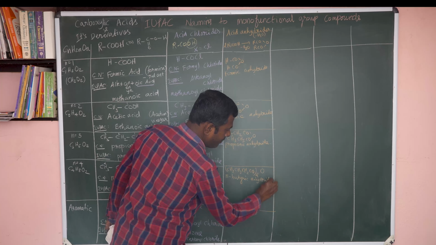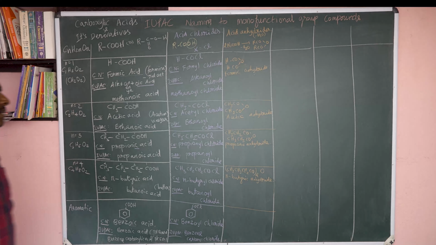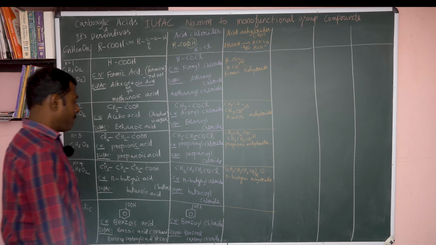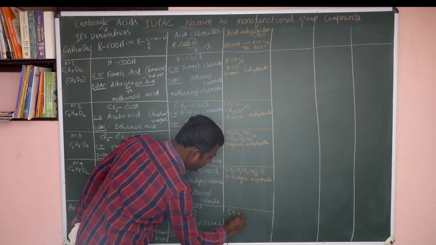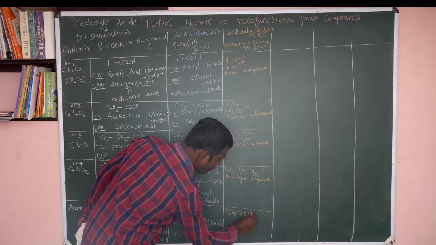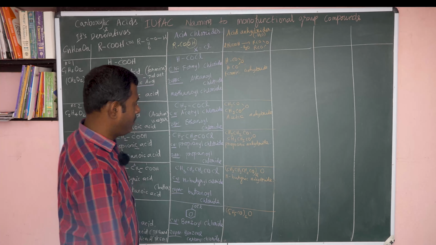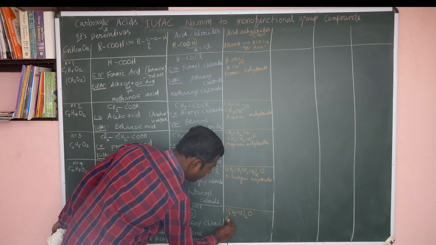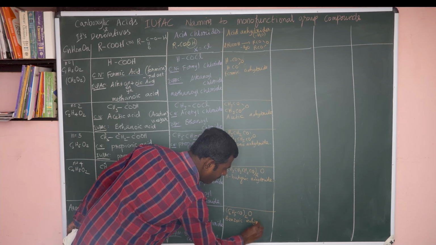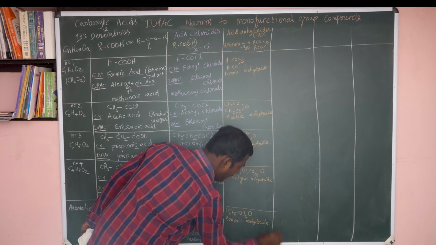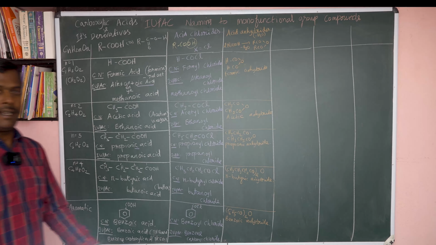And for benzoic anhydride, C6H5CO twice with O. So this is called benzoic anhydride.